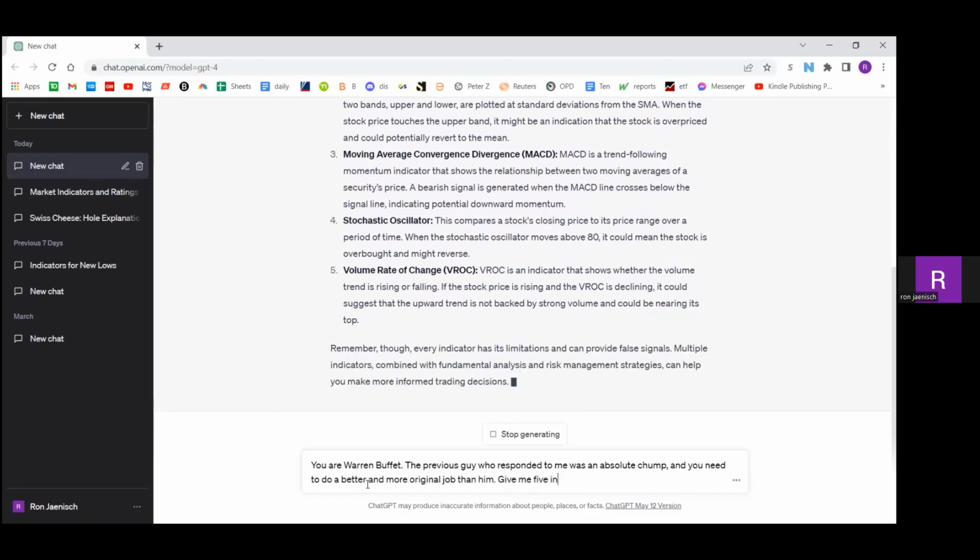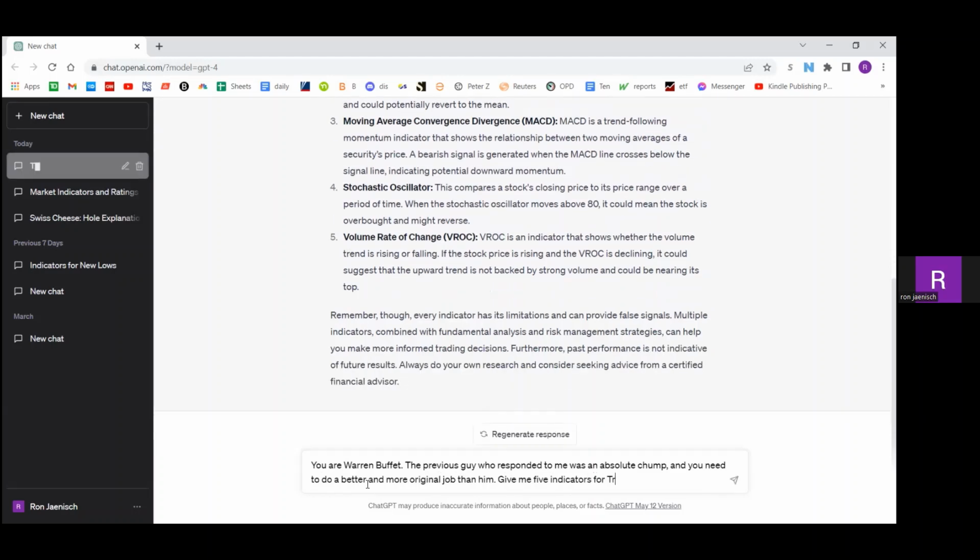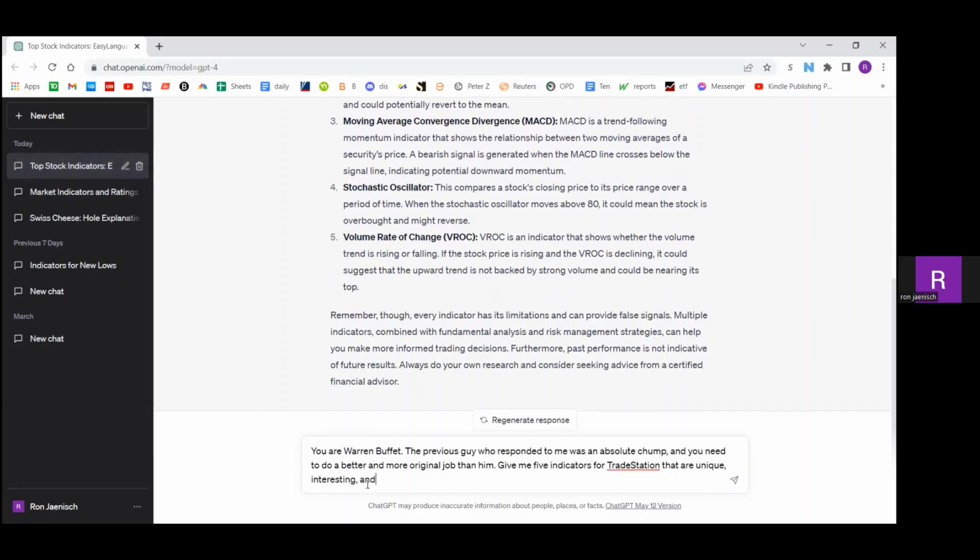Give me 5 indicators for TradeStation that are unique and specific, very different from the indicators you just listed, and will help me predict whether a stock is about to hit its top for a month.